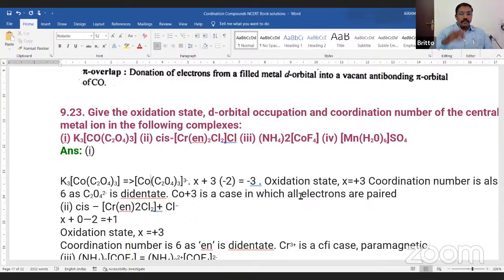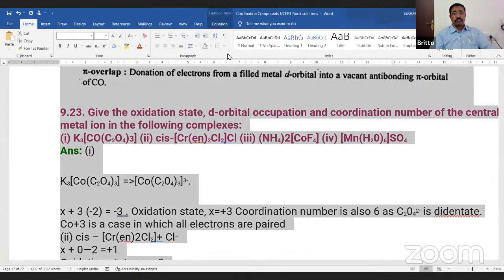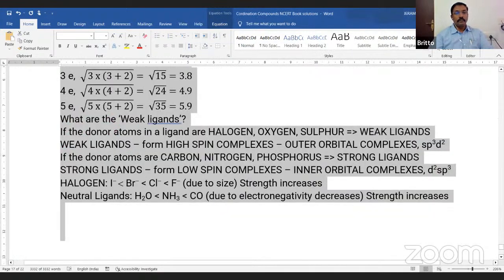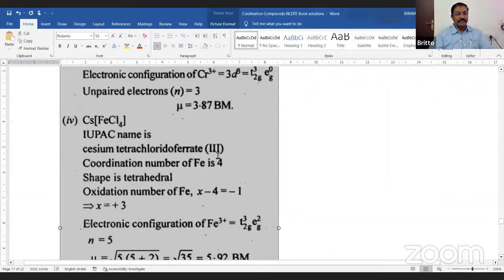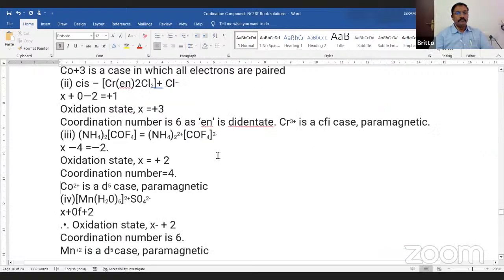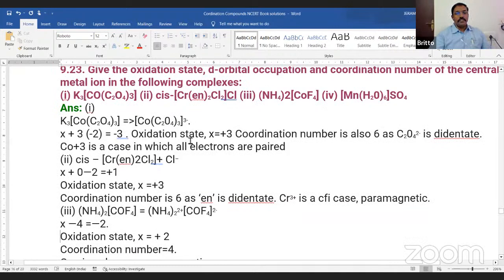Cobalt, C2O4 three times they have given. So three oxalato groups are there. How will you find out the charge? Here we have to find out the oxidation state.